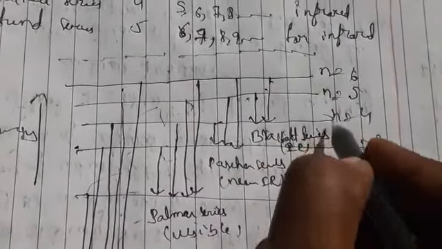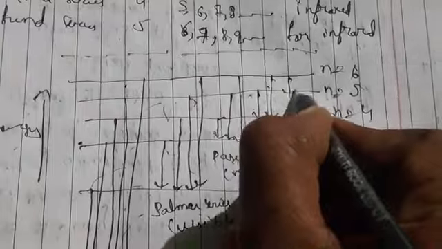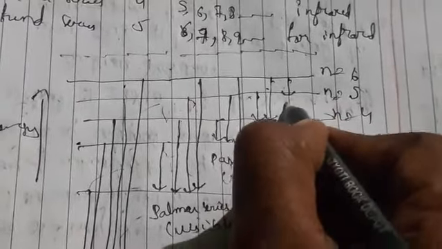Next one is the Pfund series, higher orbits to the fifth orbit.